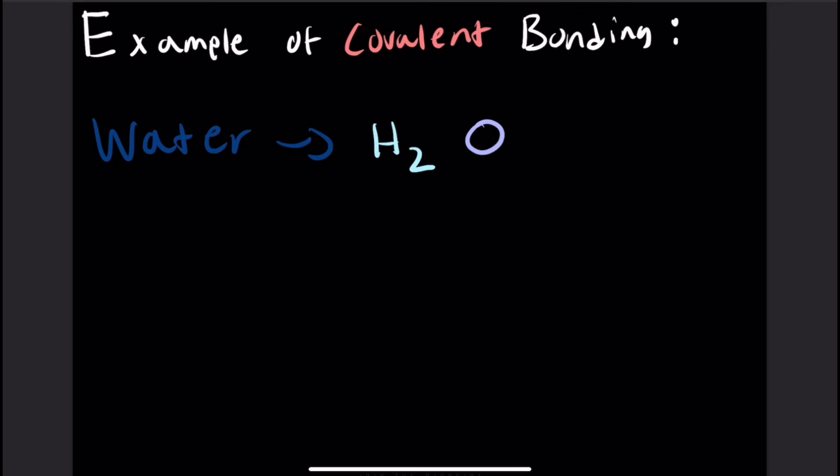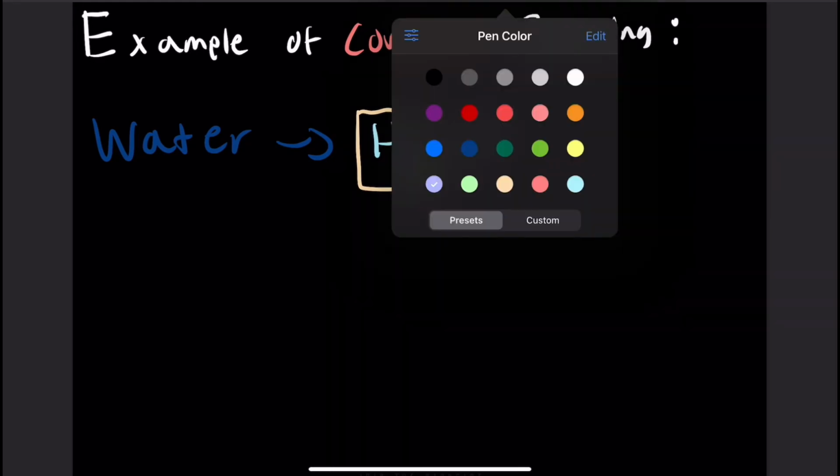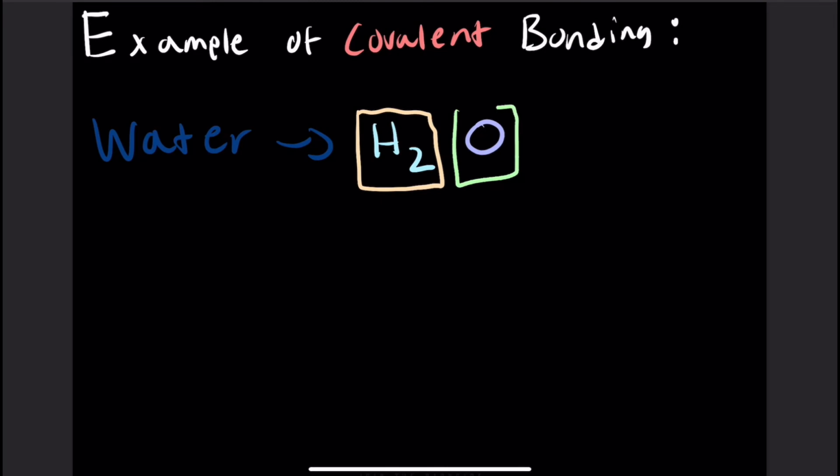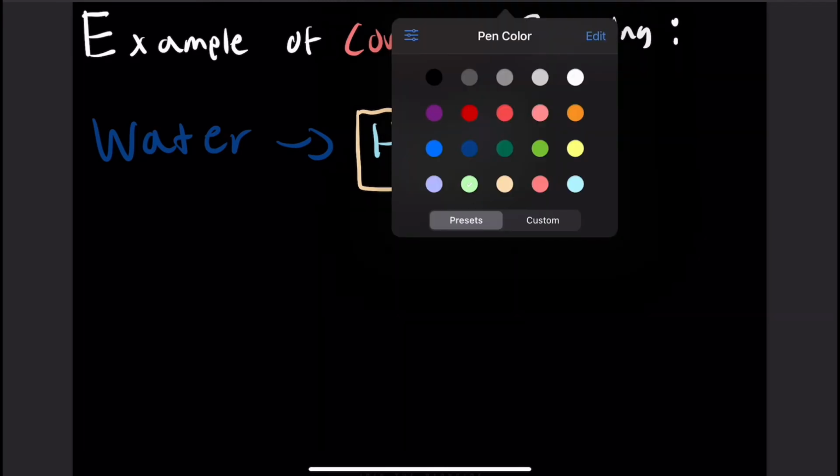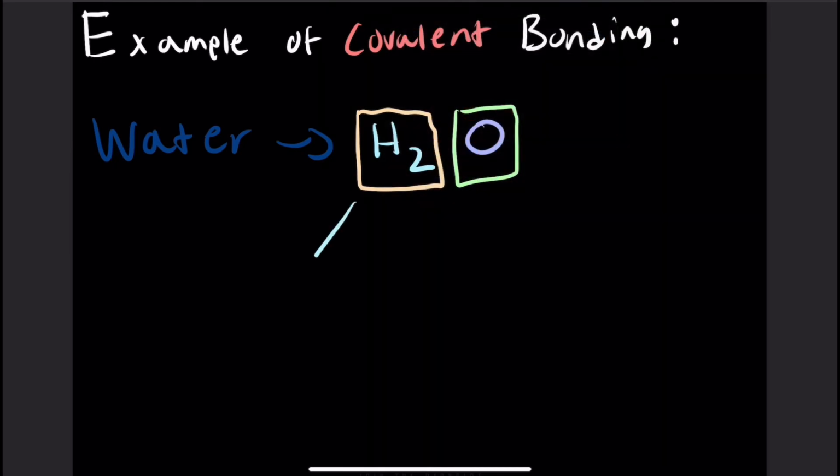The subscript, that little number beneath the element, states how many of that element we have in the compound. Since there's a 2 under the hydrogen, it means there are 2 hydrogens. And since there's nothing under the oxygen, we assume it's 1. We don't write 1, you just know it's 1. So there's 1 oxygen and 2 hydrogens in water.